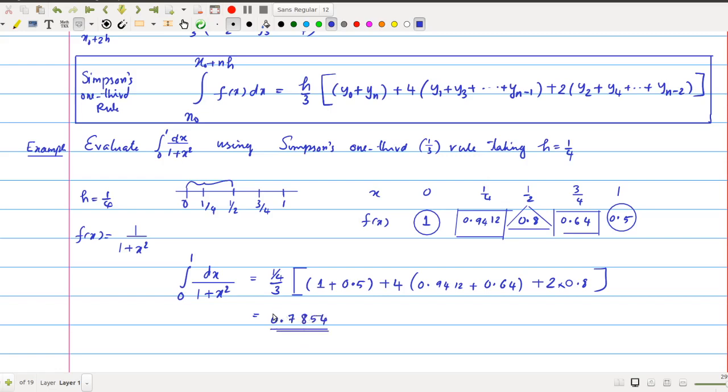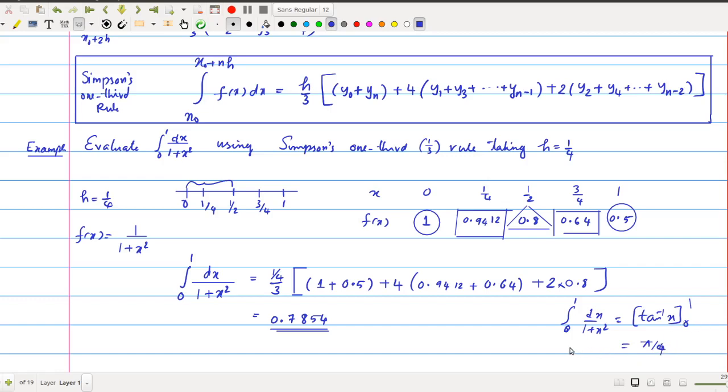But we know the actual value. The integral from 0 to 1 of dx by 1 plus x square is the derivative of tan inverse x, so the integral will be tan inverse x from 0 to 1. So this will be tan inverse 1, that is pi by 4.